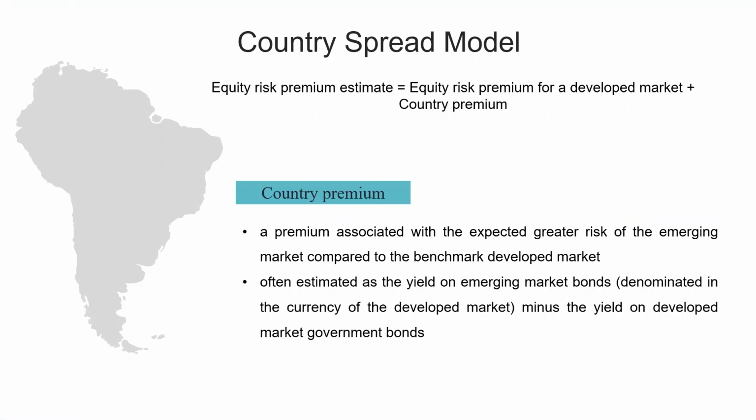The country premium is a premium associated with the expected greater risk of the emerging market compared to the benchmark developed market. It's often estimated as the yield on emerging market bonds denominated in the currency of the developed market minus the yield on developed market government bonds.